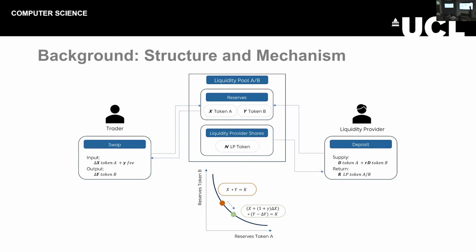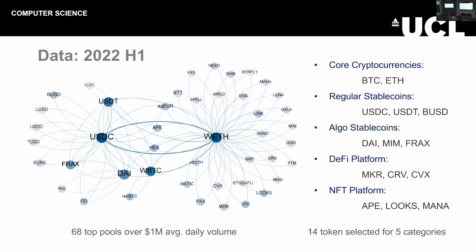But we can imagine an extreme case, especially a shallow pool, or when you want to make a large transaction: you provide so many token A, but you only get a few token B. That's not what we want, and it makes the investor sad. So that's the reason why we need to explore how liquidity will change on the AMM-DEX.